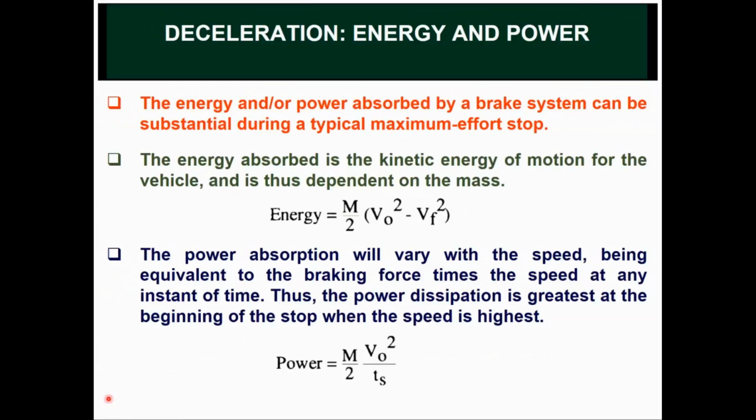And then the energy absorbed is the kinetic energy of motion for the vehicle that can express as this equation that depend on the mass, vehicle mass. Energy absorbed during the braking phenomenon can be expressed by this equation, and this energy is depend on the mass of the vehicle.